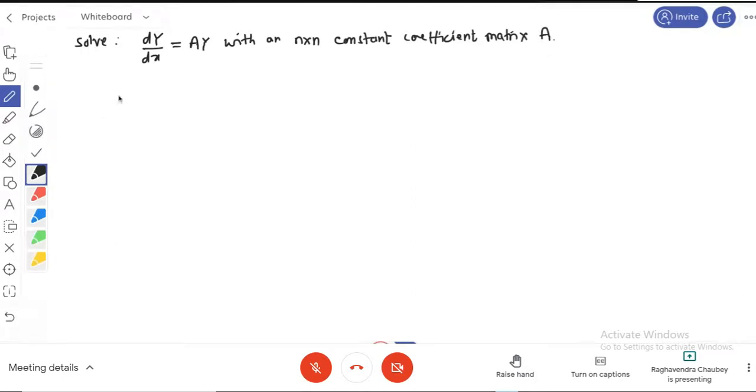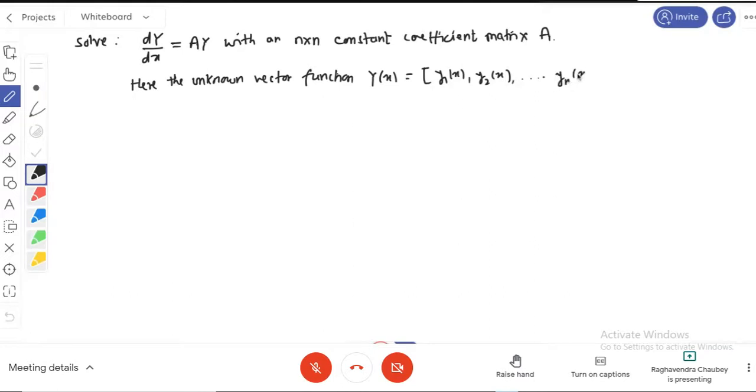And here the unknown vector function, if we take y(x), is the column vector whose components are y1, y2, up to yn of x. This is the column vector.